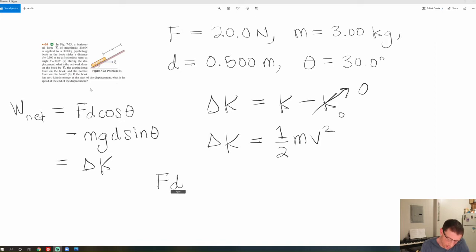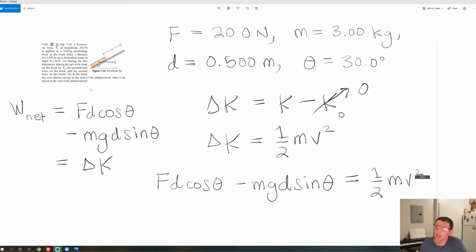F d cosine theta minus m g d sine theta equals 1/2 m v squared. And at this point, it's just a math problem, right? We would just have to solve for v. We would just write v equals whatever it is. I mean, you just multiply both sides by 2, divide both sides by m, and then take the square root, and you got it.